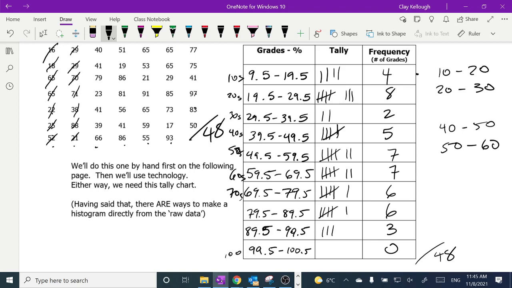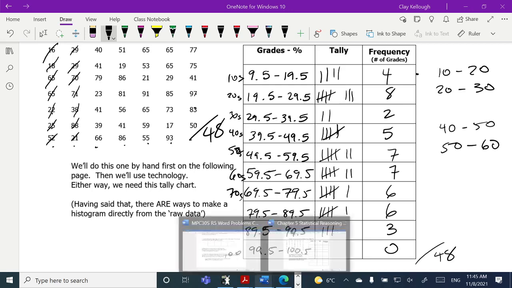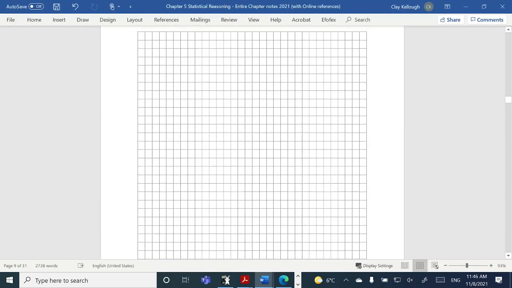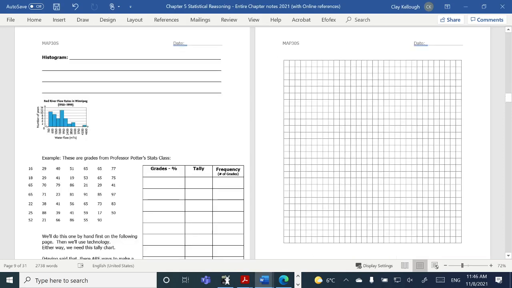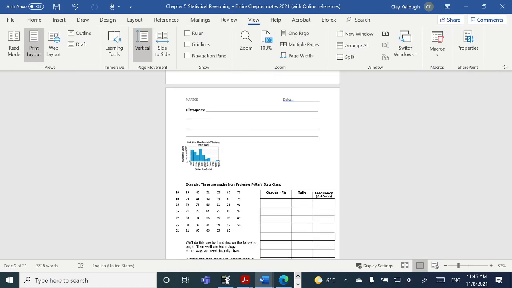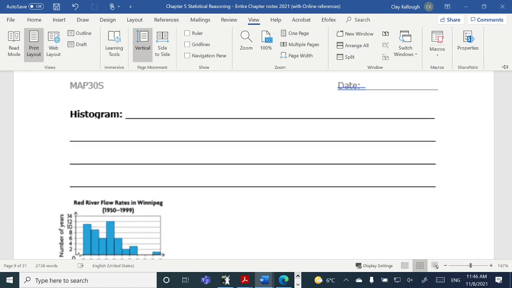So what are we going to do with this data? We're going to make ourselves a histogram. So turn the page. In my case, I'm actually going to cut and paste this nice grid that we have here. So I'm going to shrink it a little bit, then make it bigger, page width, there we go.